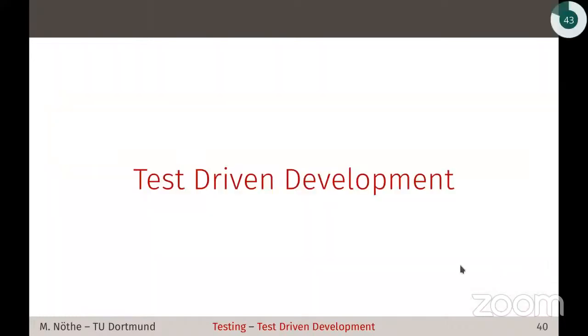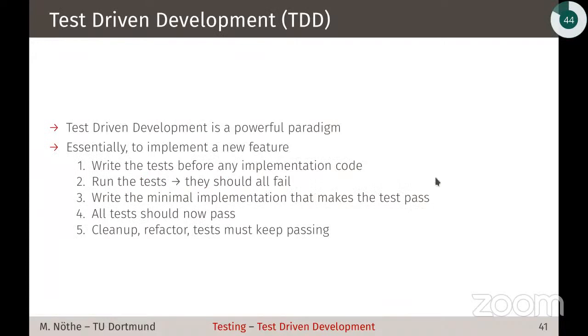Okay, so for the last couple of minutes, I will very briefly talk about test-driven development, and then we will look into an example how you can do continuous integration. So test-driven development is mainly a programming paradigm, and it boils down to writing the tests first.